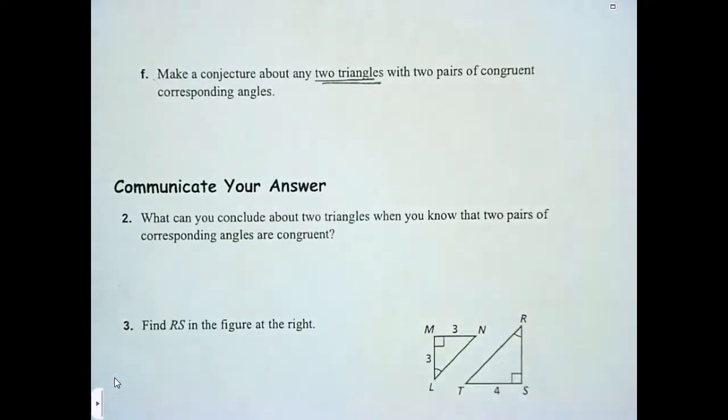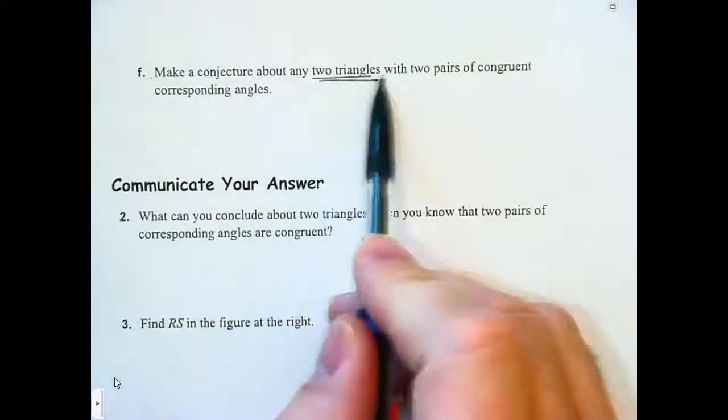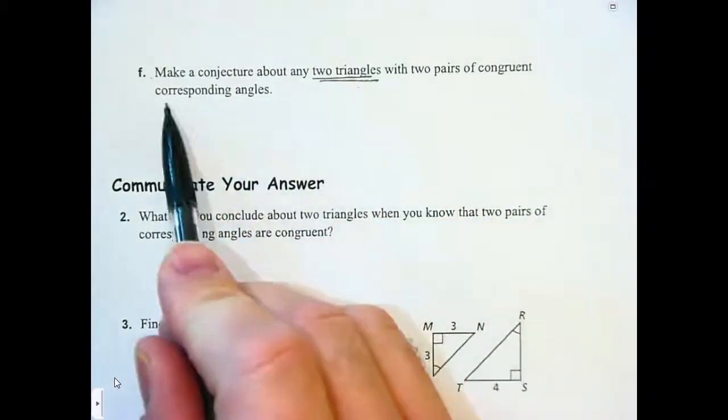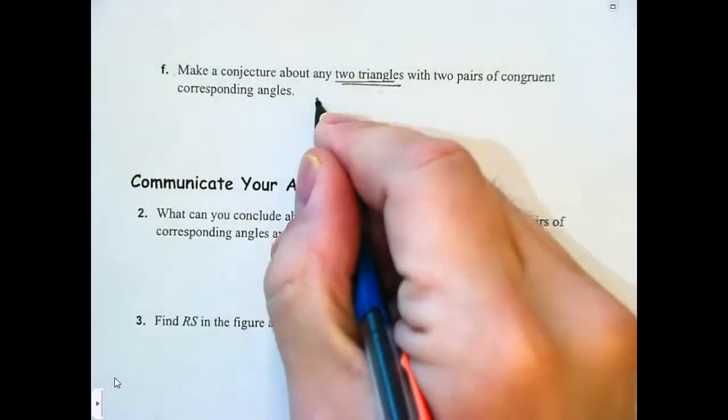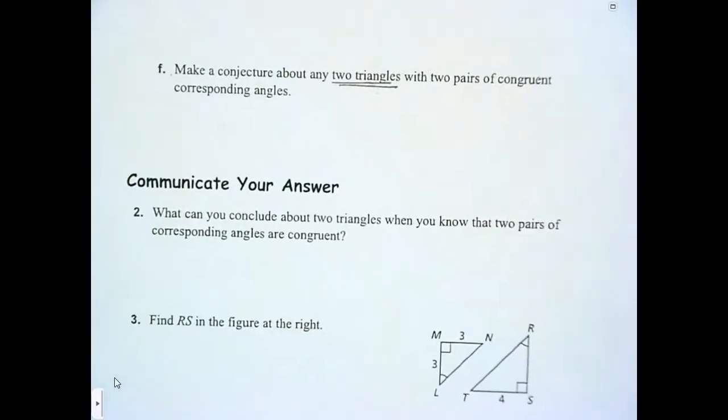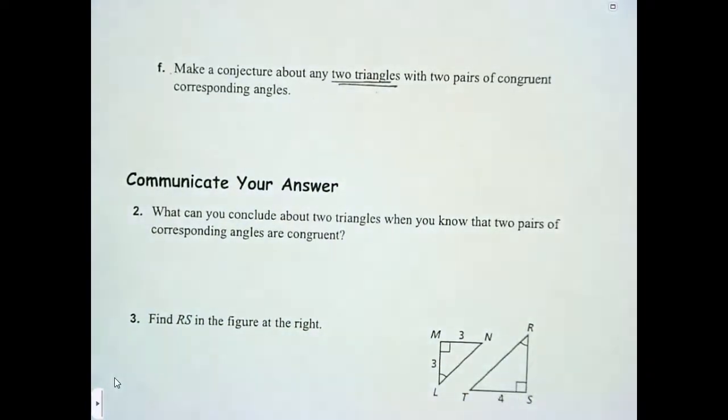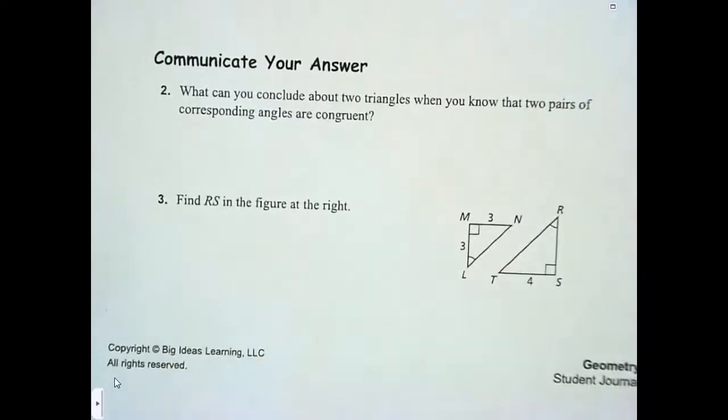Yeah, so the sides are proportional. So any two triangles with two pairs of congruent corresponding angles are similar. Okay? All right. I want you to go ahead and try number 2 and 3 there on the bottom. Give them a go.